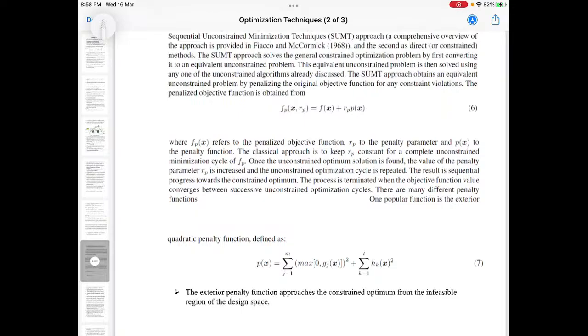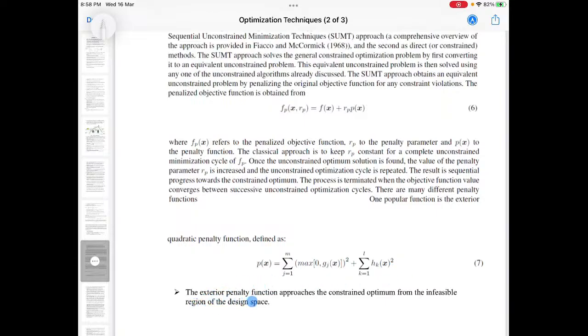The quadratic penalty function p of x is equal to the summation over j equal to 1 to m of max of 0 comma gj of x, the whole square, plus the summation over k equal to 1 to l of hk of x square. This function is called the penalty function.